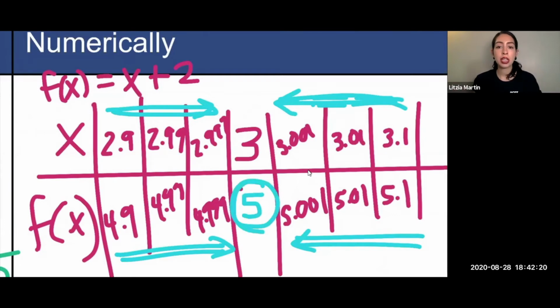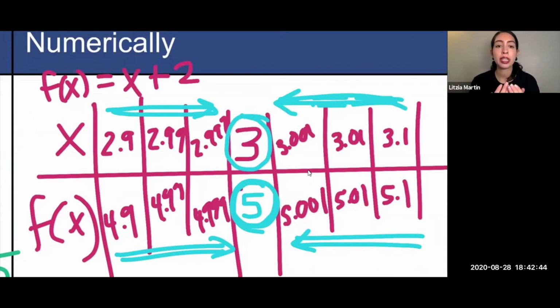So even if we didn't know the value at 3, if for some reason we weren't able to plug it into the function, we can make the guess that f of 3 would be 5. So the limit as x approaches 3 is 5.